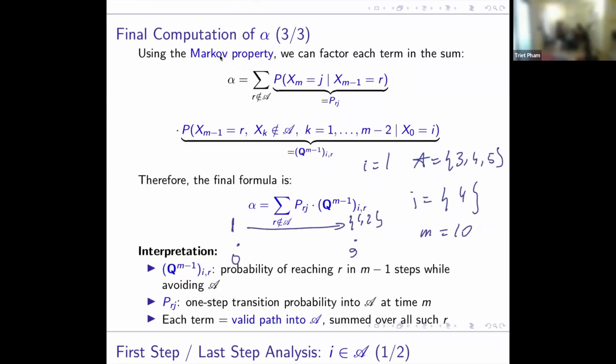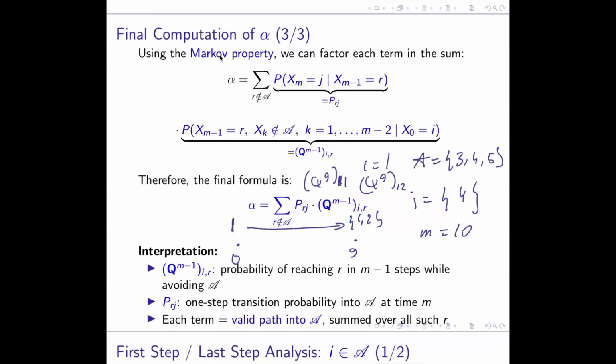That's Q^(M-1) I1 and Q^(M-1) I2, Q^9 1,1 and Q^9 1,2. That's what the Q does. It takes care of you moving from time 0 to time 9, from state 1 to state 1 or state 1 to state 2 only, meanwhile avoiding 3, 4, and 5.